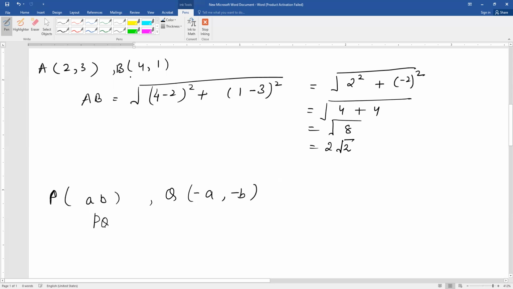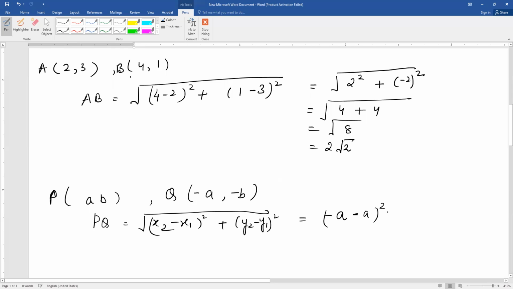Now what will be the distance PQ? It is, again you write this formula, x2 minus x1 whole square plus y2 minus y1 whole square. Now what is x2 here? It is minus a minus x1, a, whole square, y2 is minus b, माइनस फॉर्मूले का और b है y1 का whole square, whole under the root.